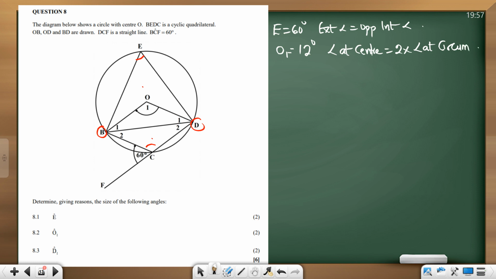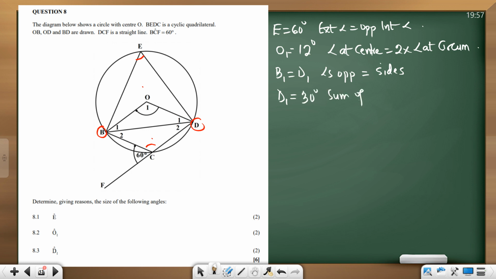The last one? Please, the last one. Tell us first that angle B1 is equal to what? D1. Angles opposite equal sides. Only then you can now say sum of angles in a triangle. So what is D1 going to be? Is it 30? 30 degrees.